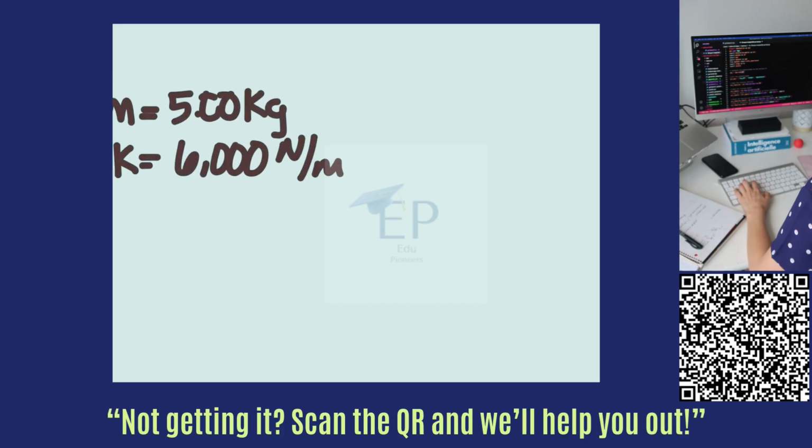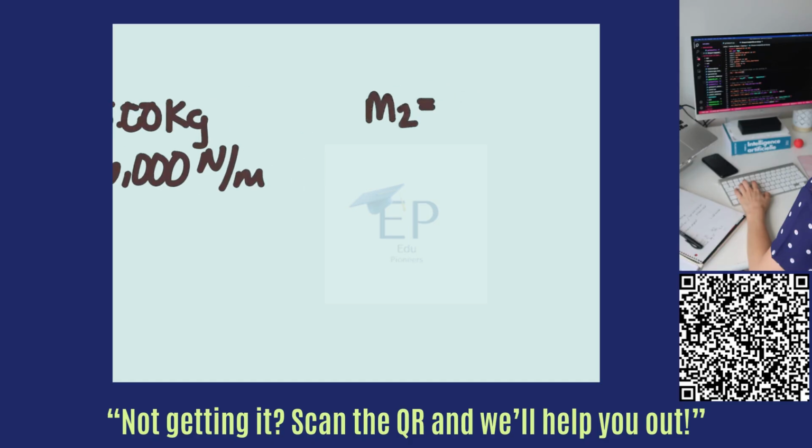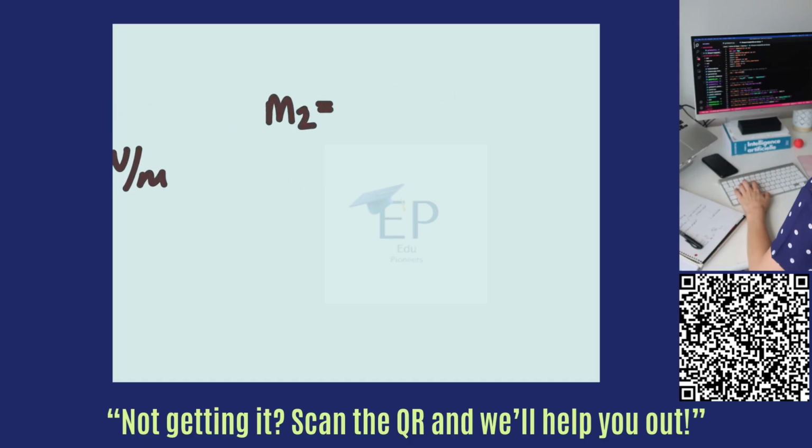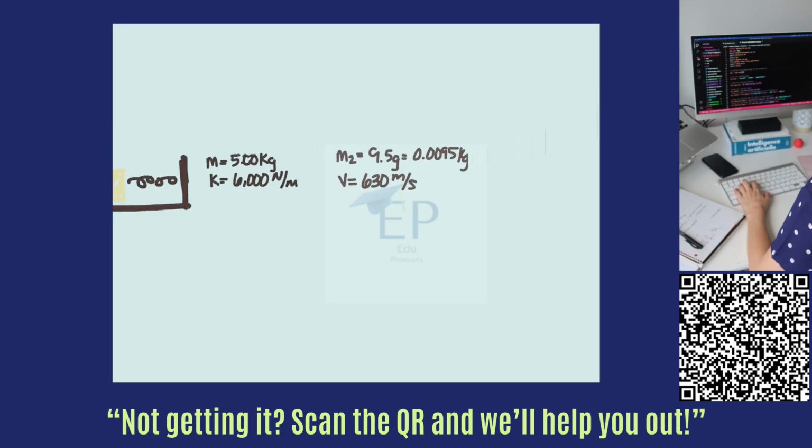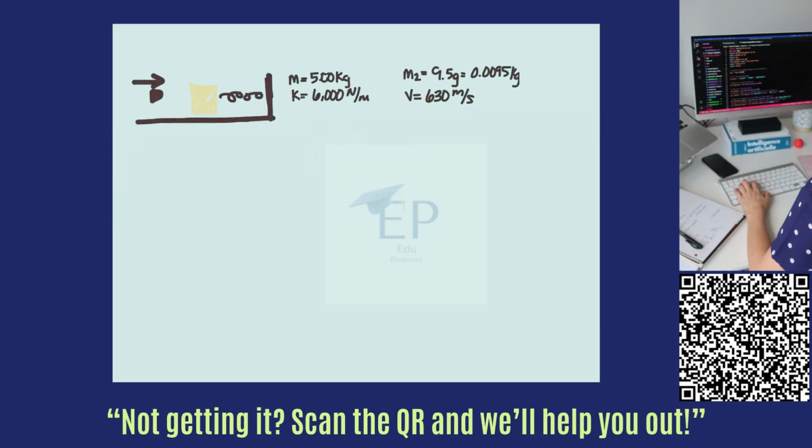We also know that the mass of the bullet is 9.5 grams, which is equivalent to 0.0095 kilograms. And we know that the velocity of the bullet is 630 meters per second. So this is the information that we're given.